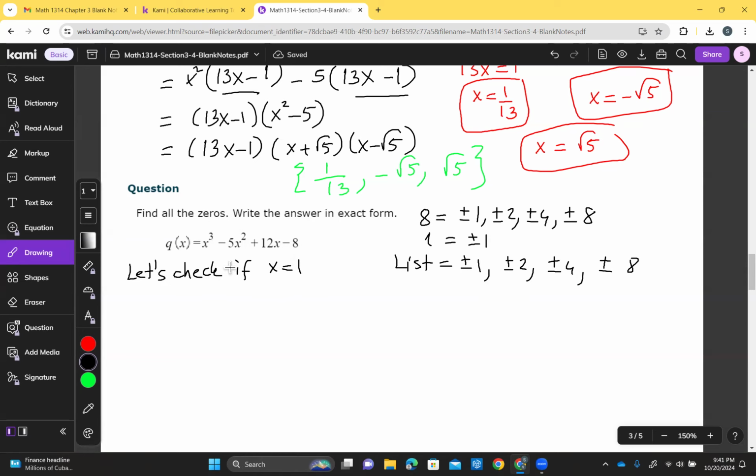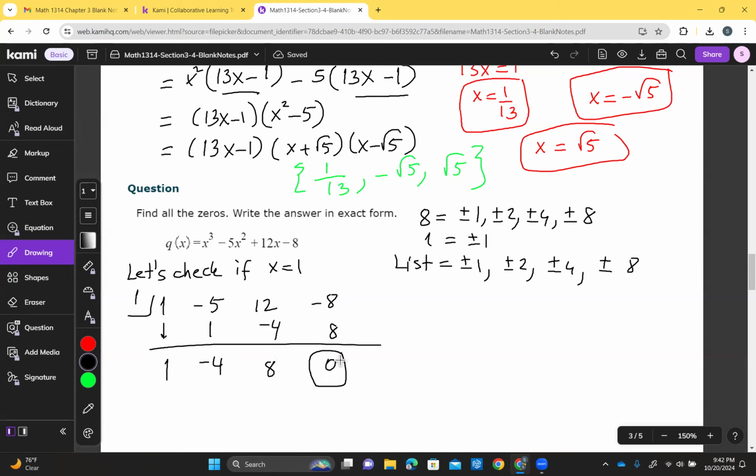When I say check, when we do the synthetic division, we're going to see if the remainder is 0. So I have 1x cubed, negative 5x squared, 12x, and the last number is negative 8. We want to check if 1 is going to give a remainder of 0. Bring down the first number, multiply, add, multiply, add, multiply, add.